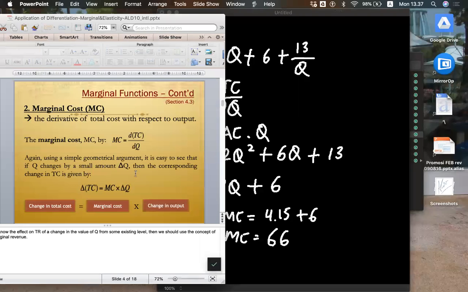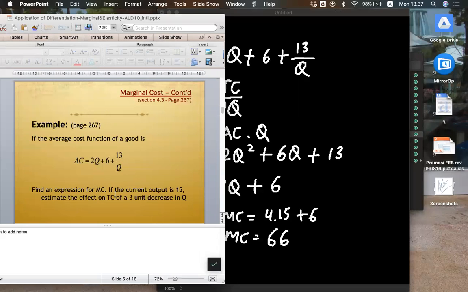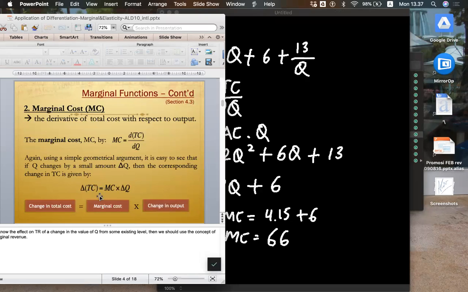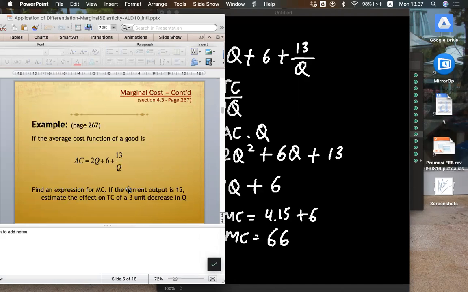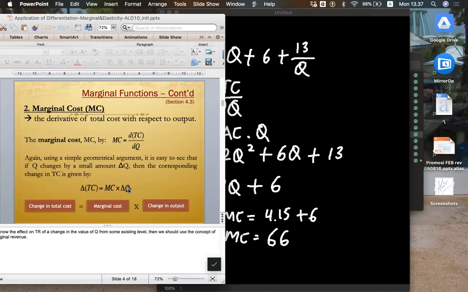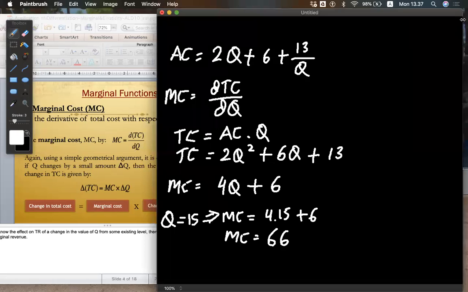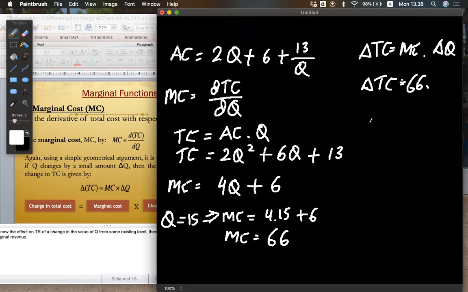The estimation of delta TC equals MC times delta Q. Delta TC equals MC, 66, times a 3-unit decrease, meaning minus 3.